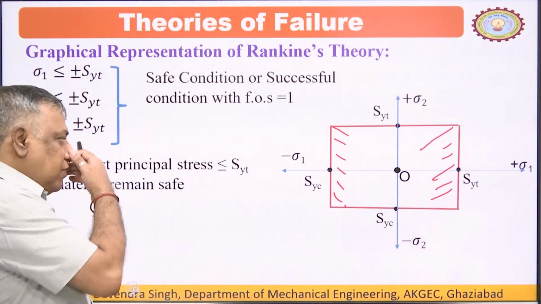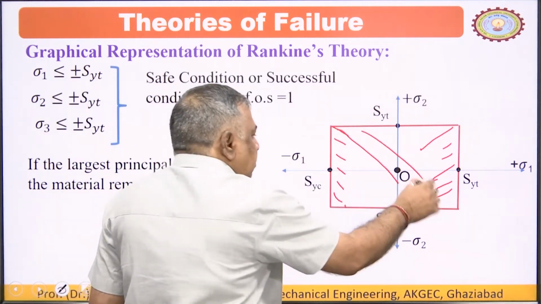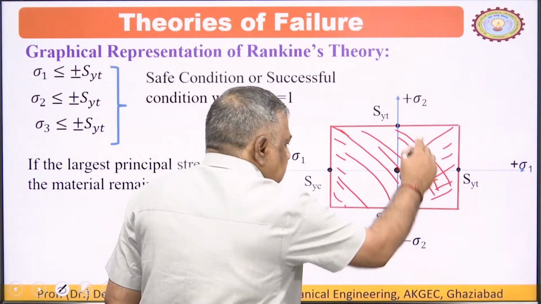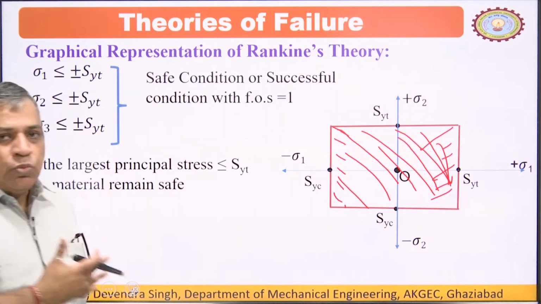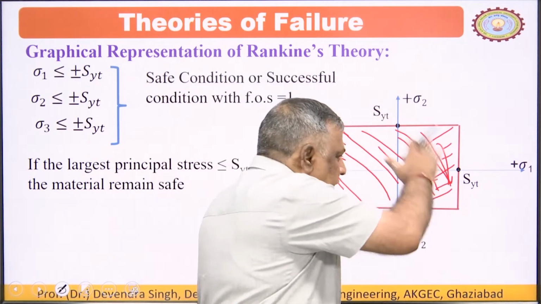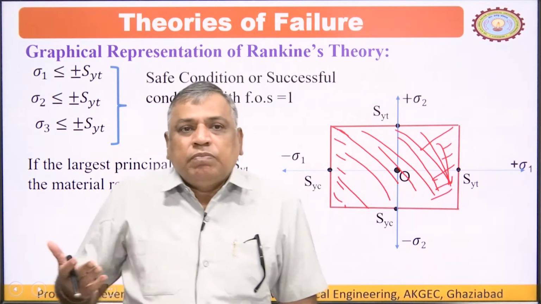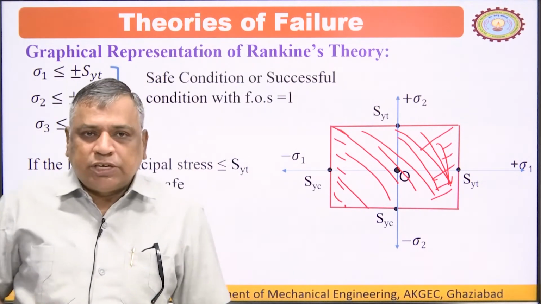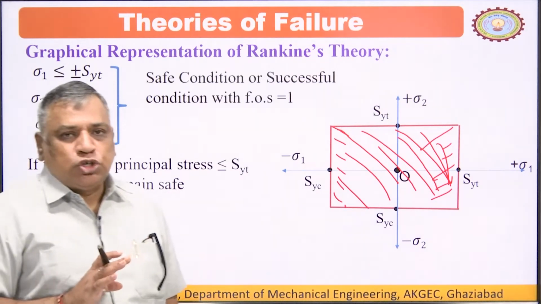So, this is the safe zone. If your loading condition lies inside this rectangle or square, then your design is successful with factor of safety equal to 1.